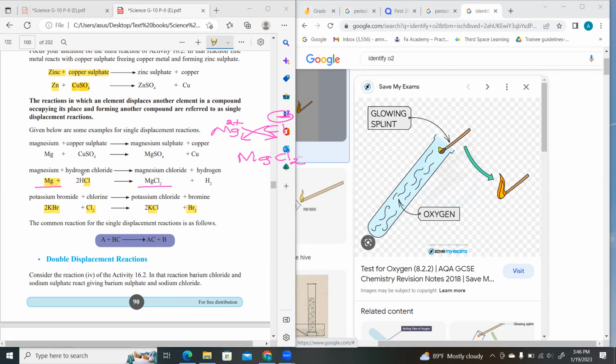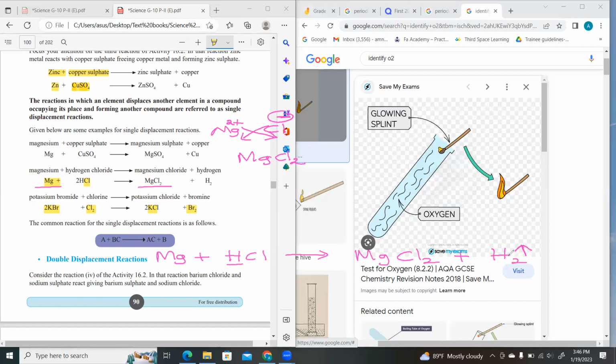What is remaining when you see the HCl? H is the remaining one. So when you're writing the reaction, this is how you will have your beginning reaction. Mg with HCl acid. What happens? You know the product is MgCl2. Then hydrogen is remaining, which means obviously it's going to be hydrogen gas.